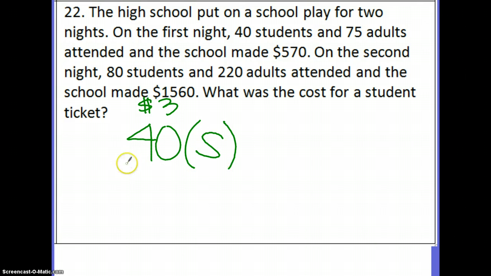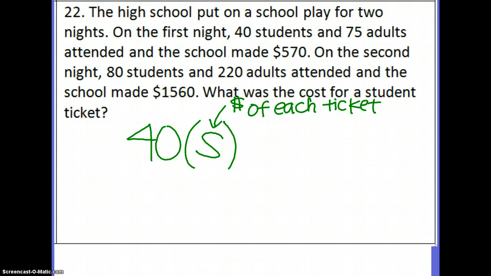So that's 40 students. S is then the price of each ticket. I just made up the number 3. We don't actually know if that's true or not.